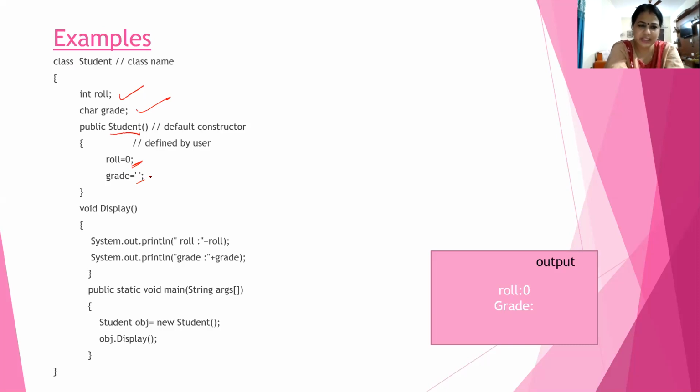Now in the display method we are showing the roll number and the grade. I want to show you through the output what actually is initialized and what value is displayed.